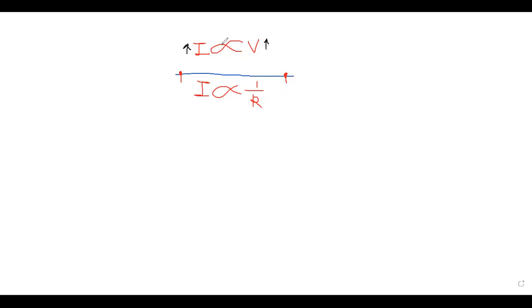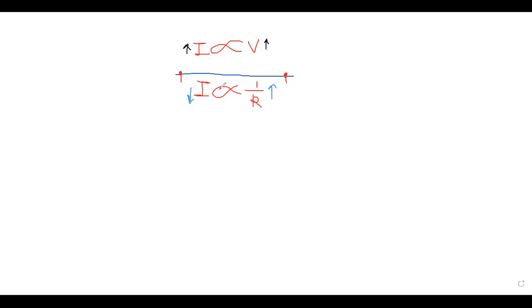But inversely, when the resistance of the conductor increases, the current is gonna decrease. So that's what we mean by directly and inversely proportional. When we say things are directly proportional, when one increases, they both increase. And when we say things are inversely proportional, when one increases, the other one will decrease.